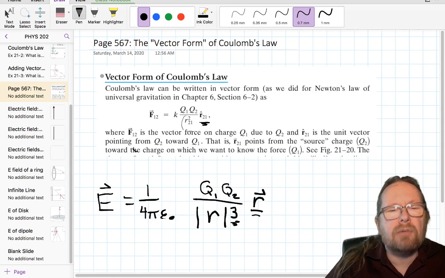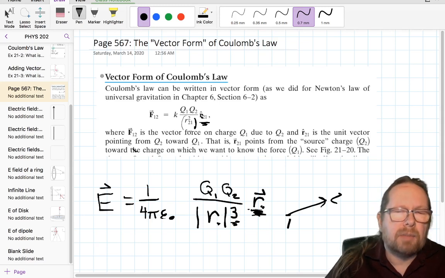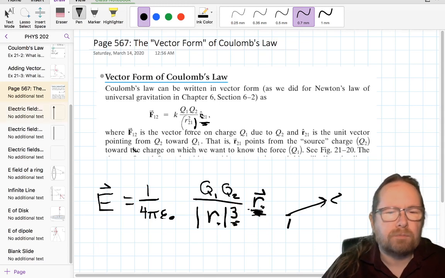If it's a unit vector, then you'll have 1 over r squared. If it's the full radial vector that points from charge 1 to charge 2, then you might have this 1 over r cubed. So this is the magnitude and the direction divided by the magnitude cubed, and sometimes you'll see that in more advanced electromagnetism texts.